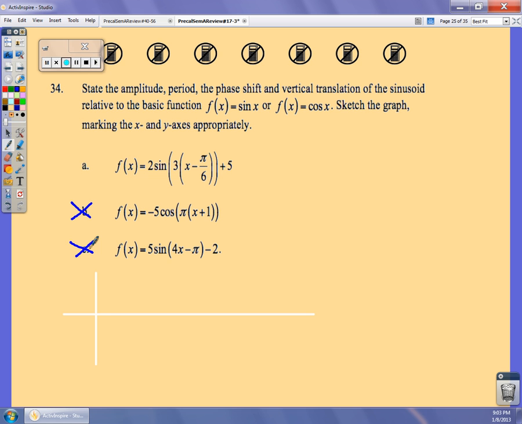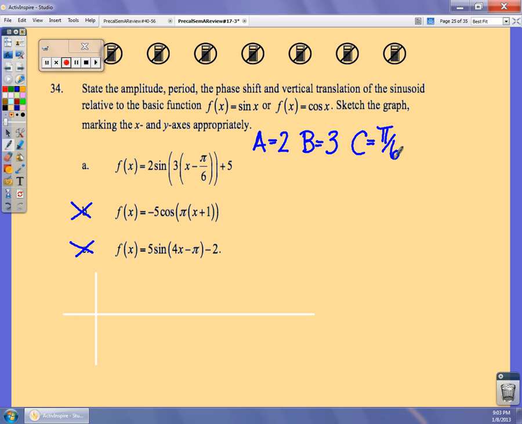On function A, we have an A equal to 2, a B value of 3, a C value or phase shift of pi over 6.